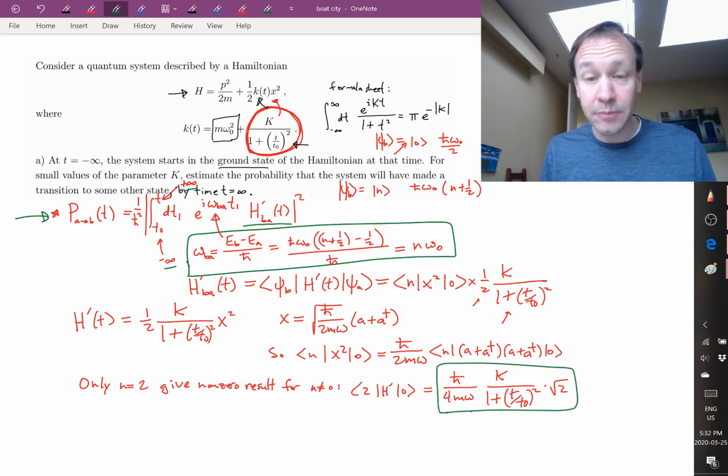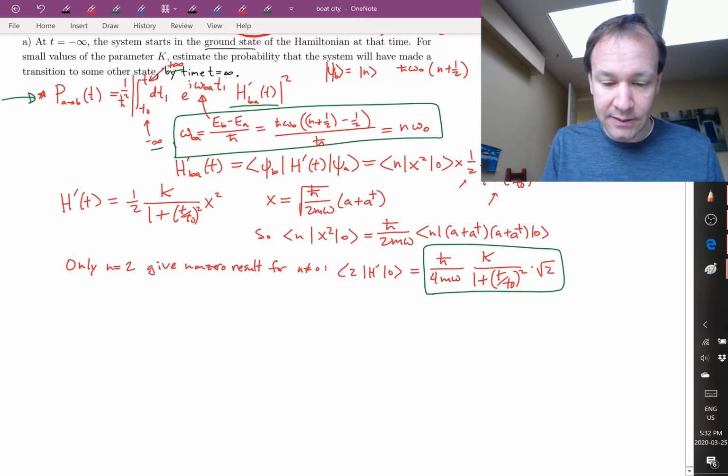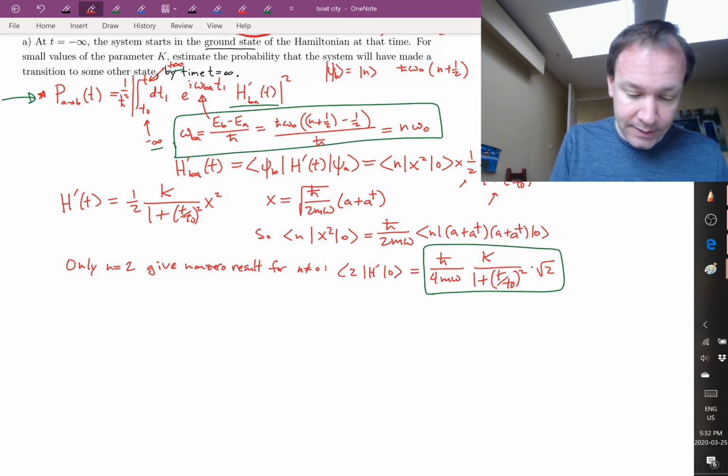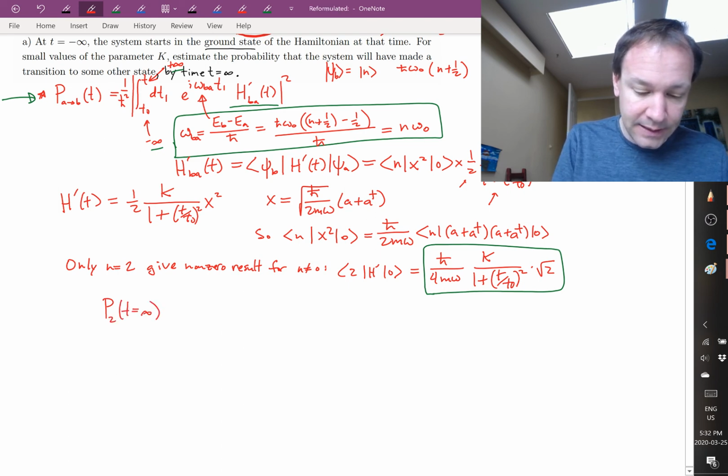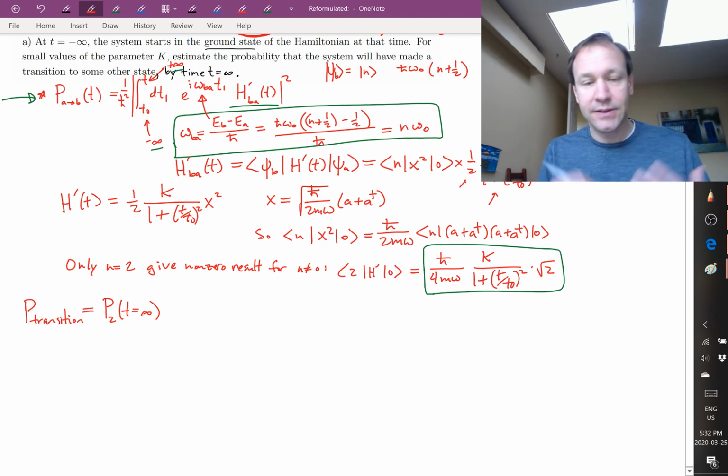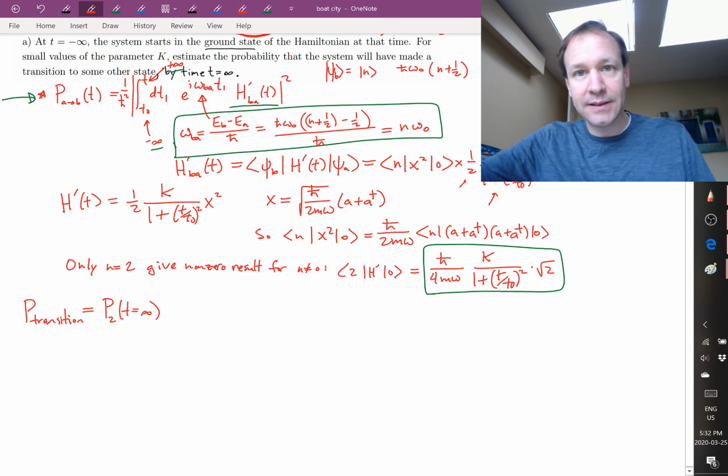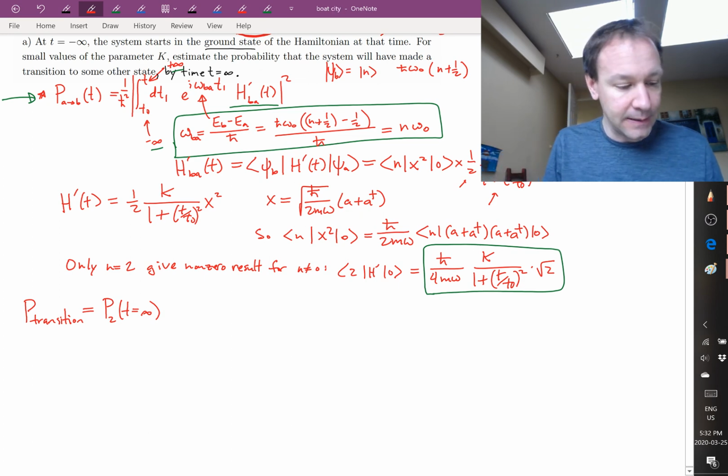And so now we can just plug everything in and try to do the integral. And so what we find is that p2 at t equals infinity, so the probability that we have made a transition, it's just the probability that we've gone to the state 2 by time equals infinity.